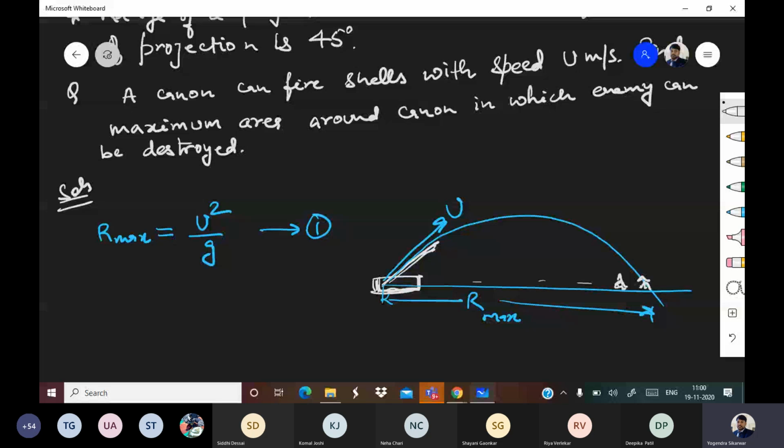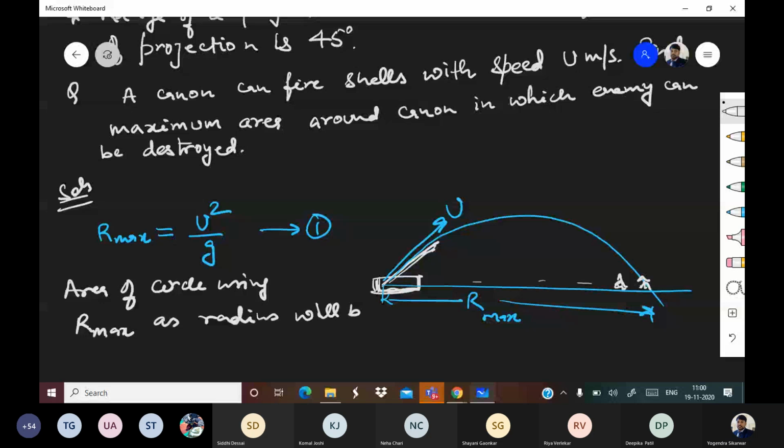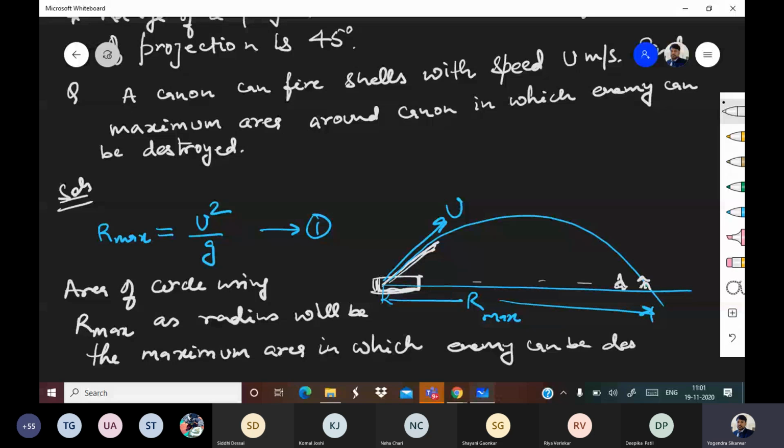So you can find the area of a circle using R max as the radius, and that will be the maximum area in which the enemy can be destroyed.